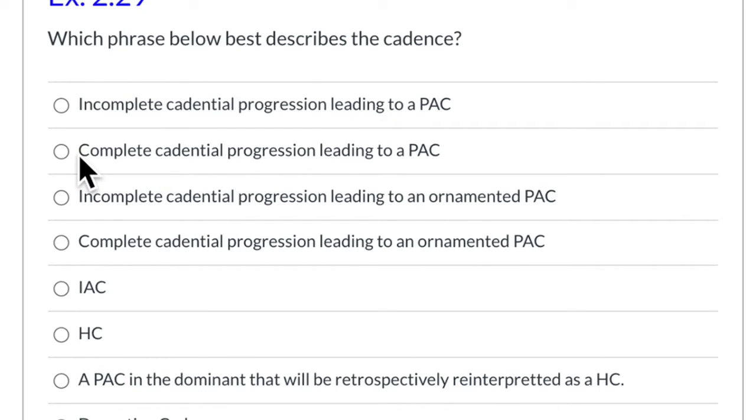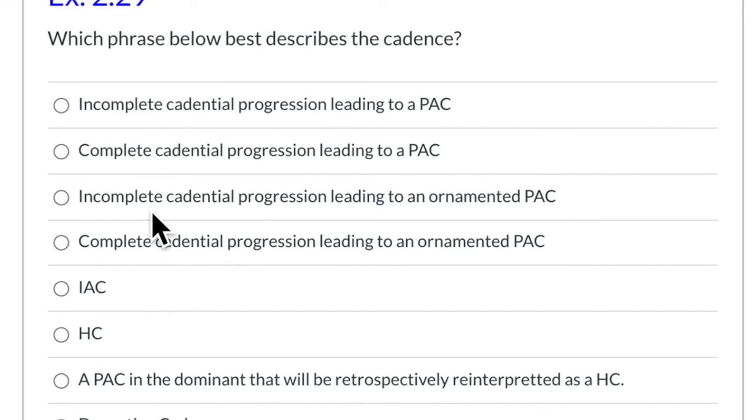If the harmonic function of the Roman numerals starts with a tonic function chord, moves through a predominant onto the dominant, which then resolves back to a tonic function chord, then it is complete. If the predominant is missing, or if it didn't start on the tonic, then it's an incomplete cadential progression.